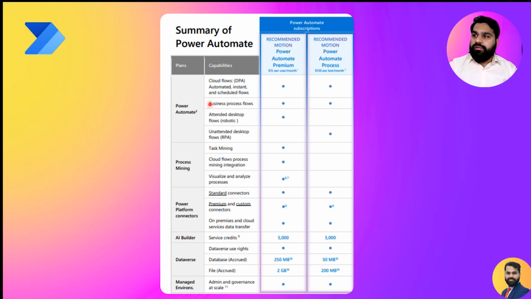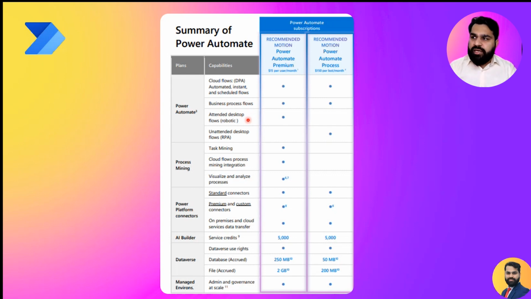Okay. From the business process flows, these users will be able to access these as well, right? Business process flows are generally used in model-driven applications, right? And then attended desktop flows. A desktop flow is basically an RPA capability provided by Microsoft, which is created using Power Automate Desktop, right?